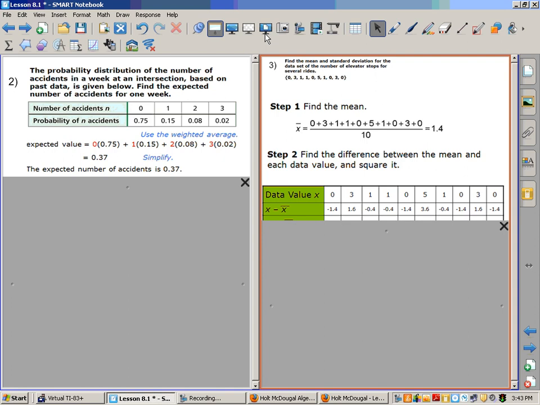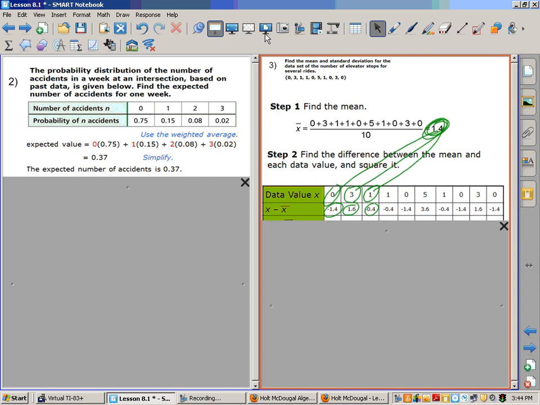So I take 0 minus the mean, 3 minus the mean, 1 minus the mean, and I get these numbers right there. Then I don't want to add all these numbers up to find my variance.